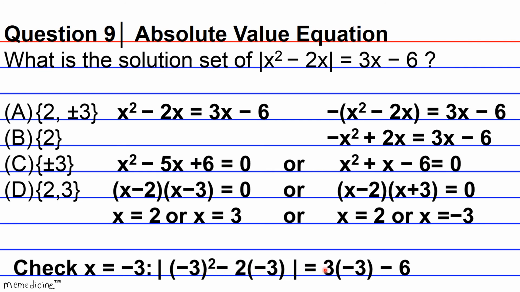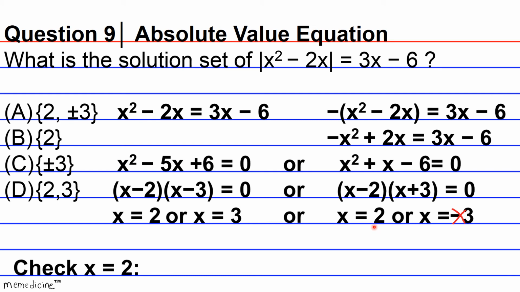And on this side, we get 3 times negative 3, that's negative 9, minus 6, that's negative 15. So basically, we get that 15 is equal to negative 15. And this is not correct. Therefore, negative 3 is an extraneous root. It's not a part of the solution set. It doesn't check.